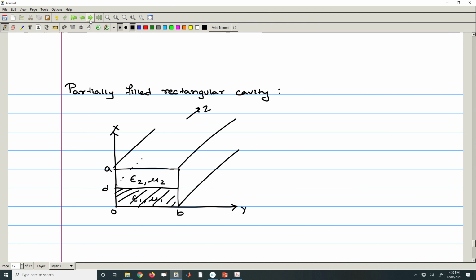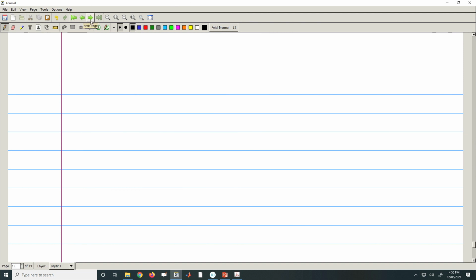For this we can write the potential functions. To start with, psi 1 TM will be C1 cos of kx1 x sin n pi y by b sin p pi z by c.